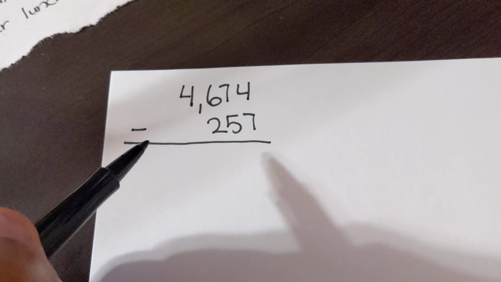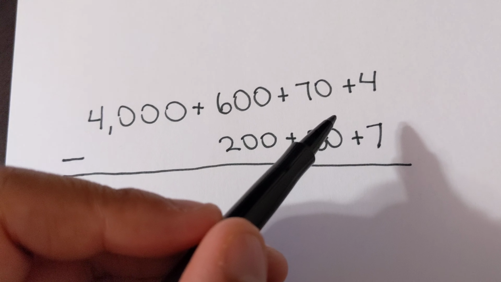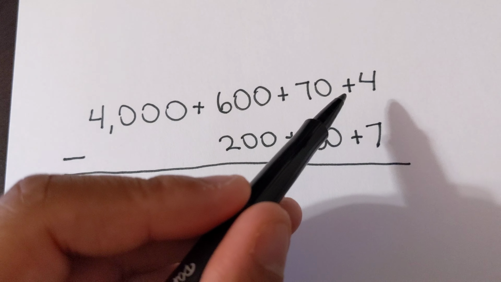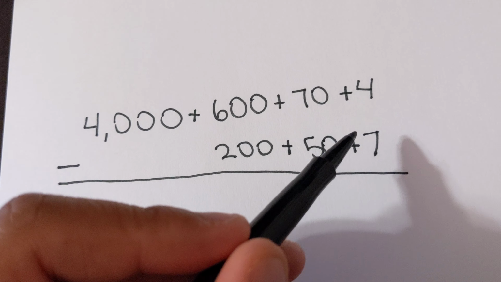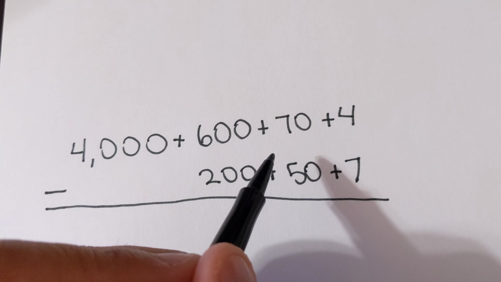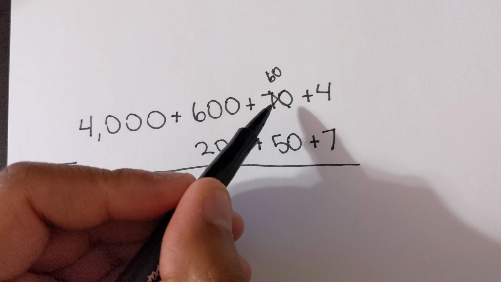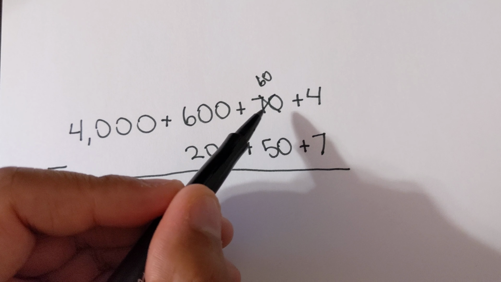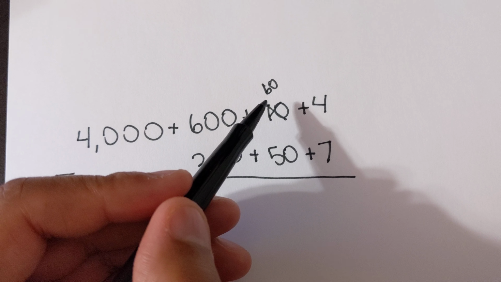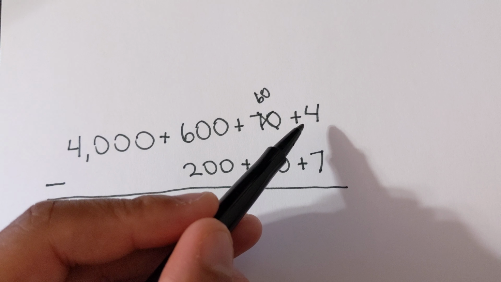Let's look at the problem in expanded form and see if that helps. I can't take 7 away from 4 because 7 is larger than 4. Maybe if I regroup from the tens place, that can help. Watch as I do it. I can take a 10 away, and instead of having 7 tens or 70, I now have 6 tens or 60. I can regroup that 10 and give it to my 4.